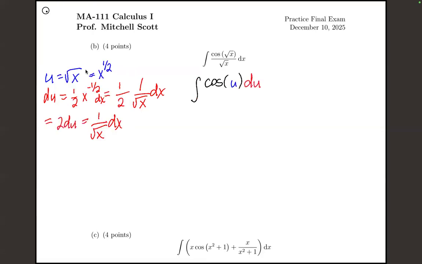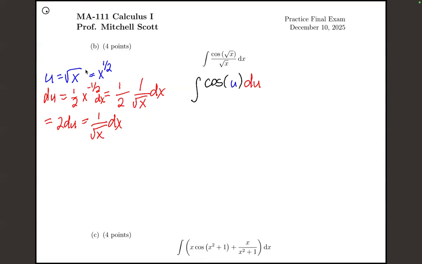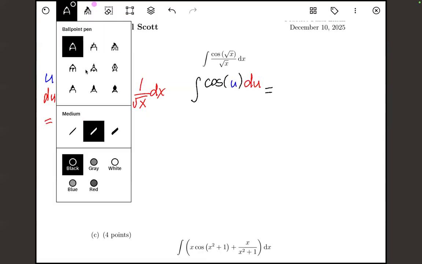And after u substitution, as I've said before, you should hopefully get something that you know how to take the antiderivative of. Cosine is one of those that we definitely know how to take the antiderivative of, so we are going to do that now. So this is going to equal, I'm sorry, one thing I forgot, excuse me. We have a 2 here, so I need to substitute in that 2.